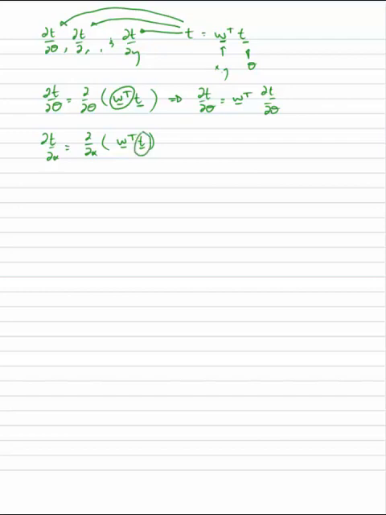This is not a function of x, and therefore this becomes dT/dx is equal to dW transpose/dx times T. And similarly, dT/dy is equal to dW transpose/dy times T.